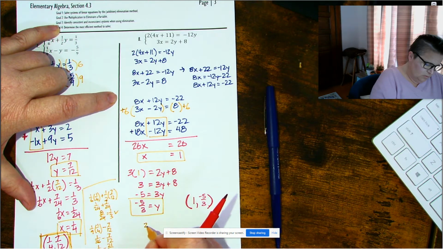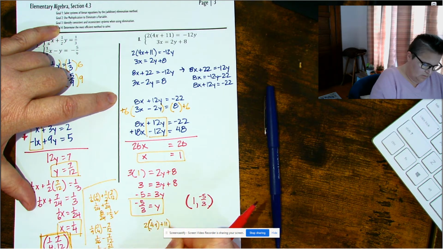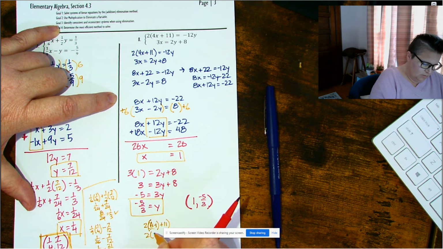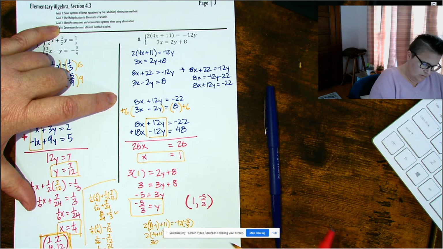So I'll have 2 times 4x, 4 times 1, plus 11. Okay, so I need to double up there. Yep. So that's going to be 2 times 4 plus 11. That's going to be 2 times 15, which is 30. Does that equal a negative 12 times a negative 5/3?